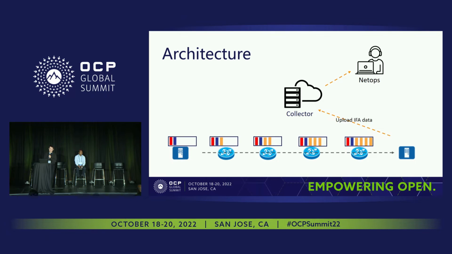The switches append the metadata one by one if they see the IFA header. At the end, we collect all the metadata, send it to the local collector, and show it to our NetOps team. So our NetOps team can know what happens in our network.